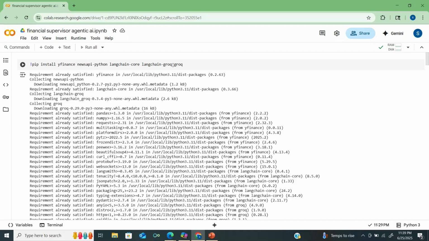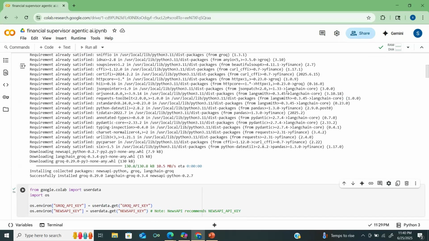LangChain Core, LangChain Groq, and Groq, these are the LangChain framework. I'm using Groq for the sentiment analysis and giving the recommendation. And as we are using Groq and News APIs, we have to set up the API keys, and I have stored them in the secret manager, and let me run it.